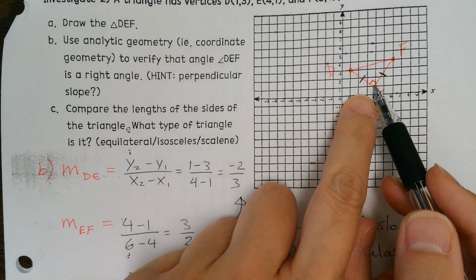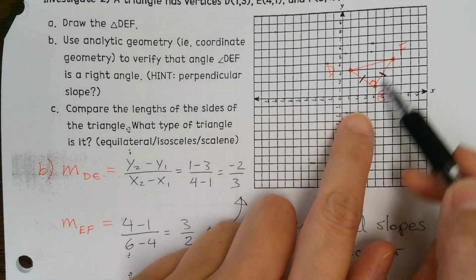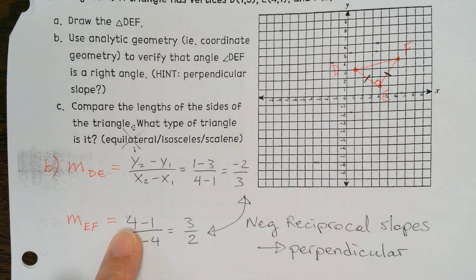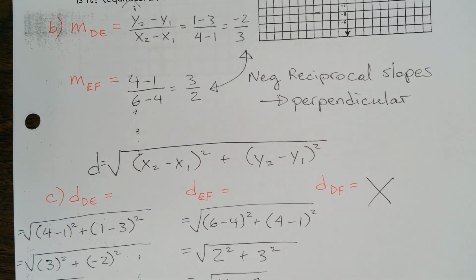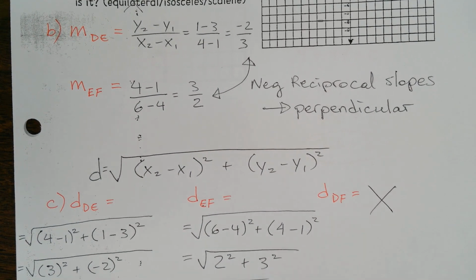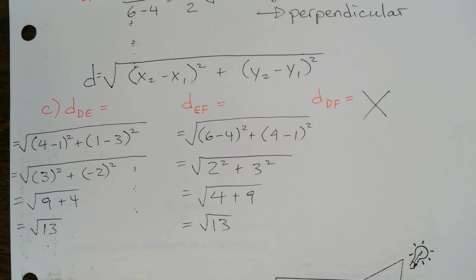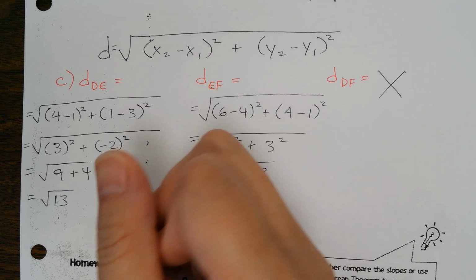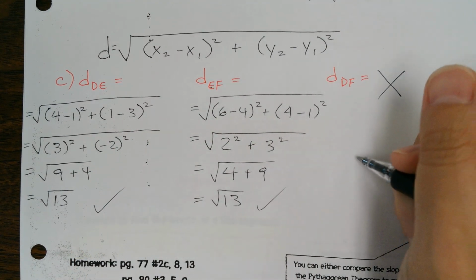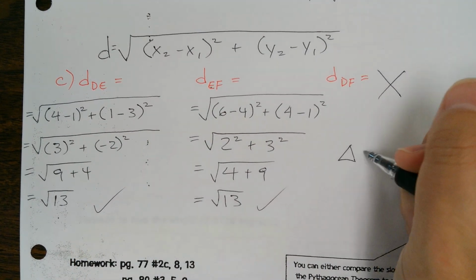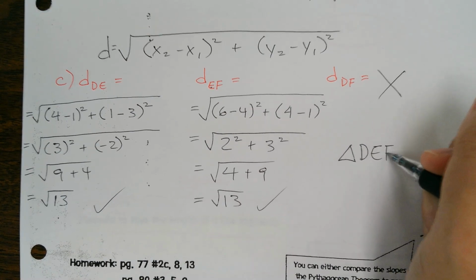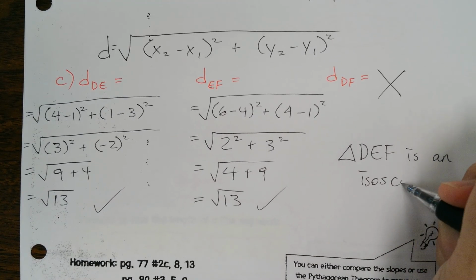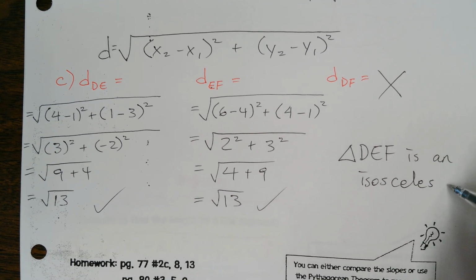So for you to already have a 90-degree angle, this cannot be an equilateral triangle. So I don't need to do this third step. The magic of math. So just doing these 2 sides tells me that triangle DEF is an isosceles triangle.